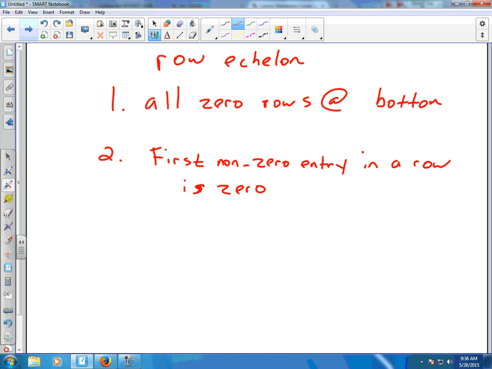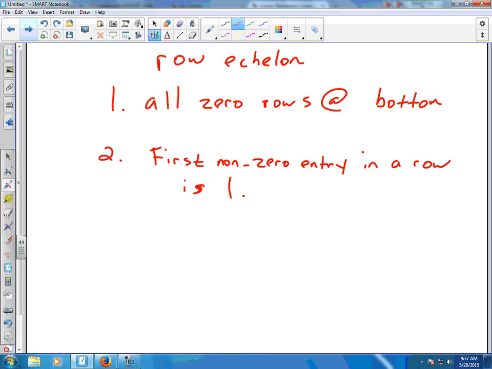So basically the pivot in each row, the first non-zero number in a row is a 1. So if I have a row that's got some zeros in it, the first 2 coefficients are 0, and then we've got a number, that next number has to be a 1, if that's a non-zero number.